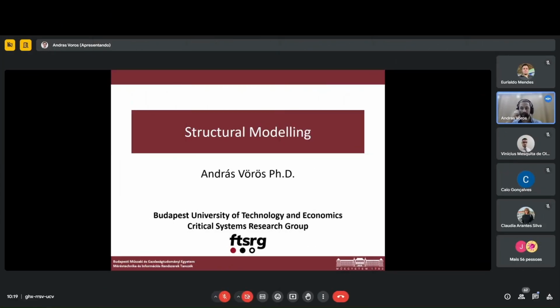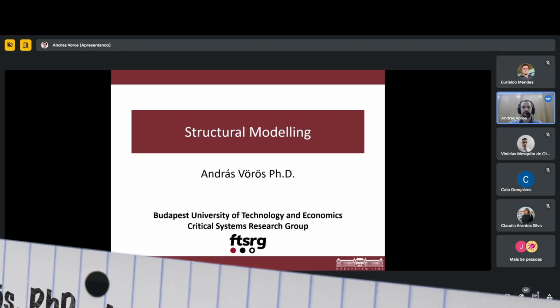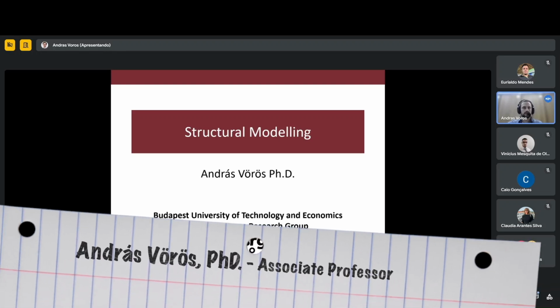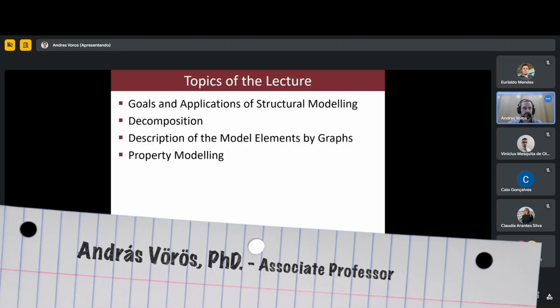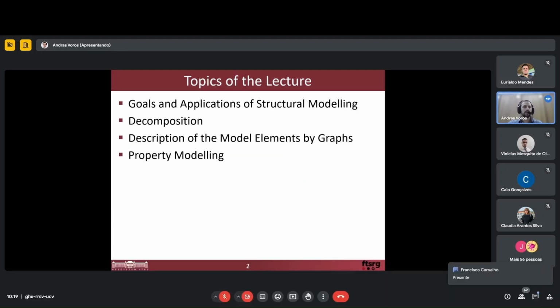Again, the next phase is going to be about structural modeling. So we will continue with the basics of structural modeling, the goals, and we will see many examples actually.